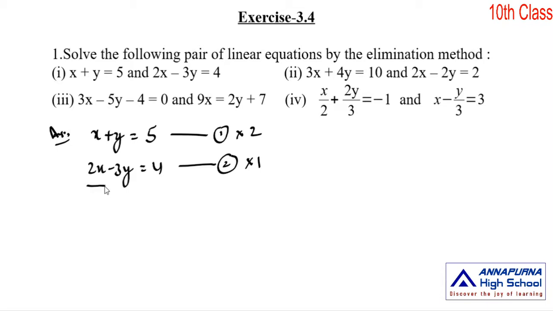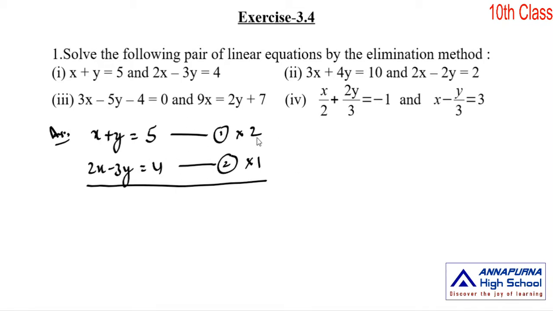This is the short way. Generally we find the LCM of the two coefficients and then, based on that LCM, we multiply the two equations by a number, but this is a short manner. So the first equation is multiplied by 2 and the second equation is multiplied by 1.